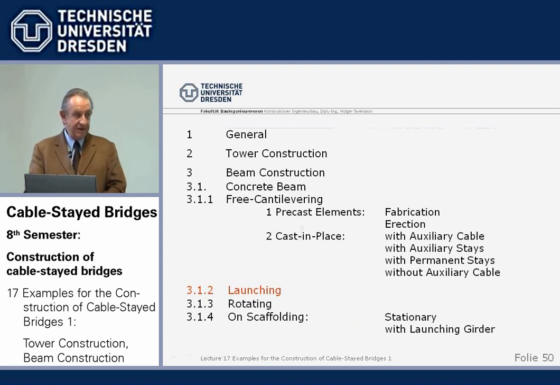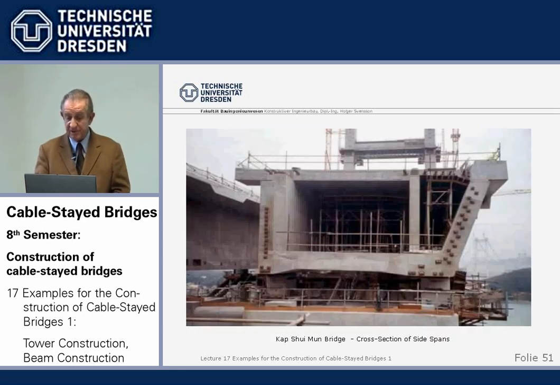Now, these were the classical methods of free cantilevering. Now we come to a few special methods which are rarely used. We start with launching. We're still in concrete beams. With launching of concrete beams, very often it's the approach bridges where we can use this type of construction.